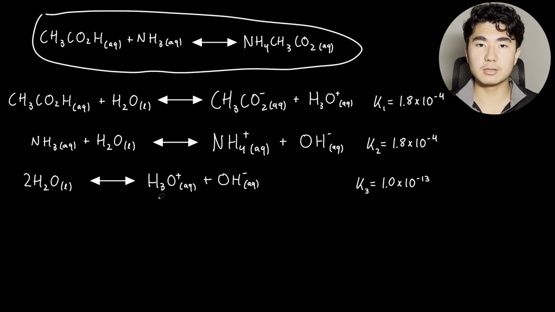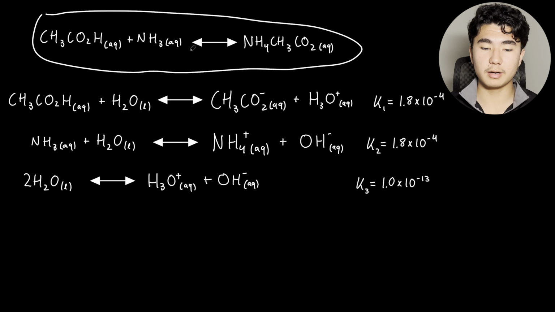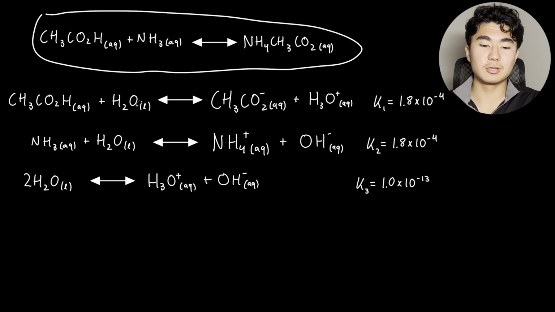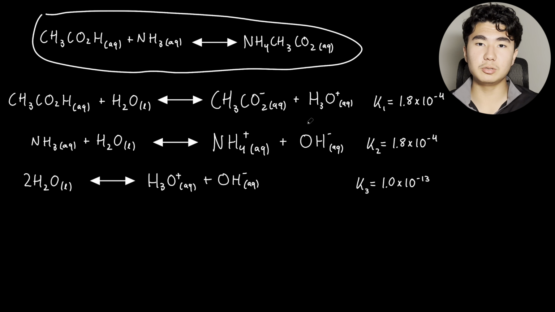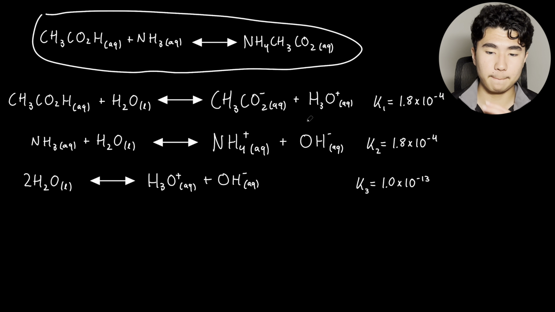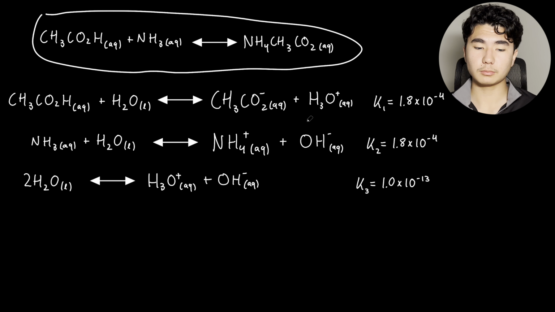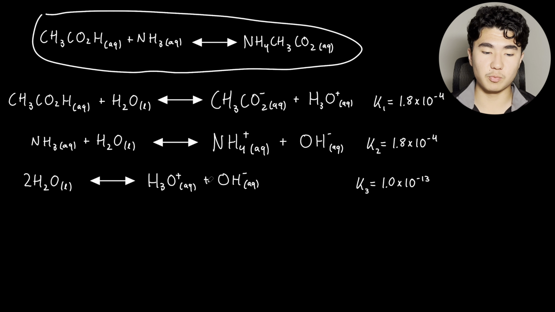But let's look at this one right here. Some of the things I see that we're going to have to cancel out are H2O, not H2O2. So we have water, we have hydronium, and we have hydroxide, which we need to cancel out. The only way I see of canceling this out is reversing this reaction.